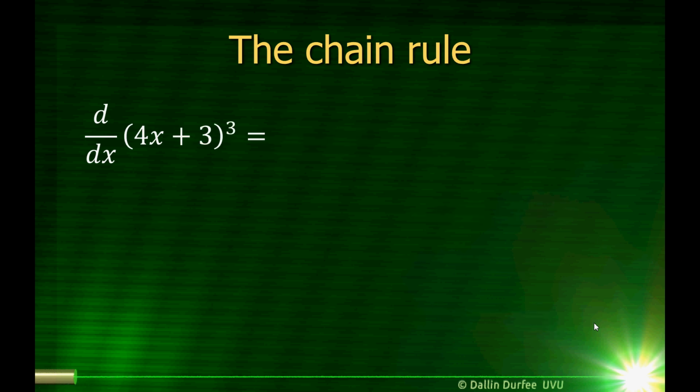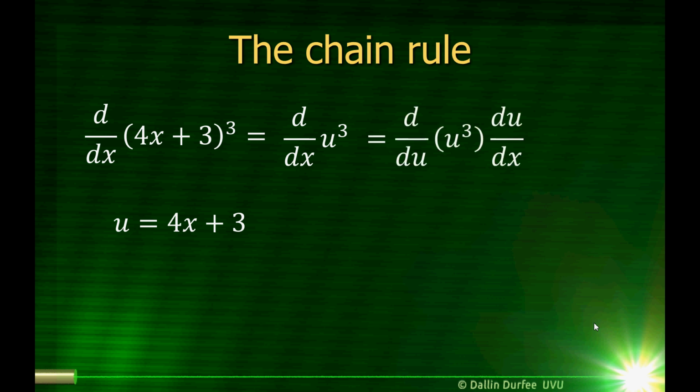Here's another example. Let's say I want to take the derivative of (4x plus 3) all cubed. Well, that looks complicated, but let's just define u to be equal to 4x plus 3. Now, this is just the derivative of u cubed, but it's a derivative with respect to x, and the thing I have is u, so we'll use the chain rule. The derivative with respect to x is just the derivative with respect to u times du/dx.